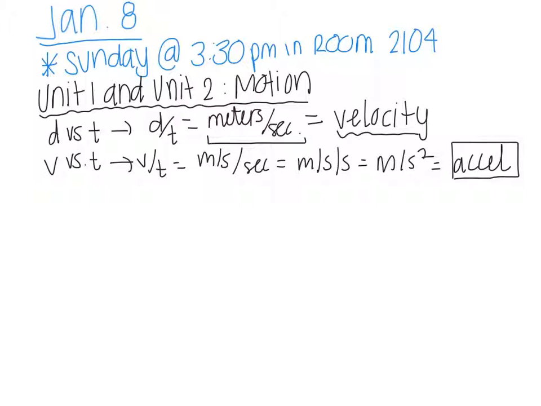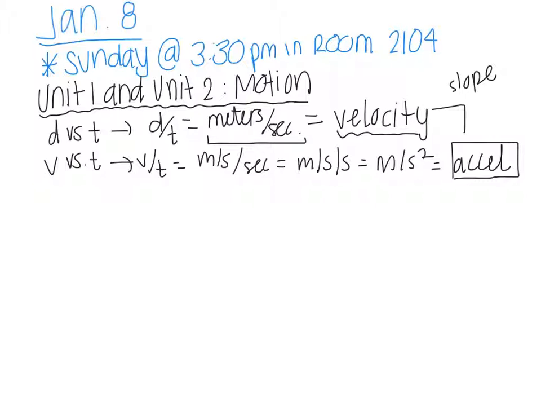So the slope of a V versus T graph is acceleration. These are really important pieces to know because this will make completing the graph so much easier, okay?